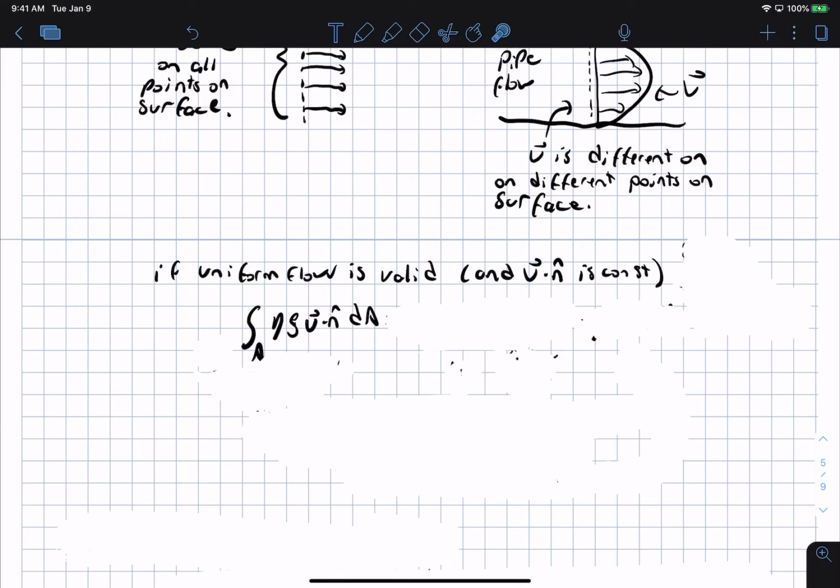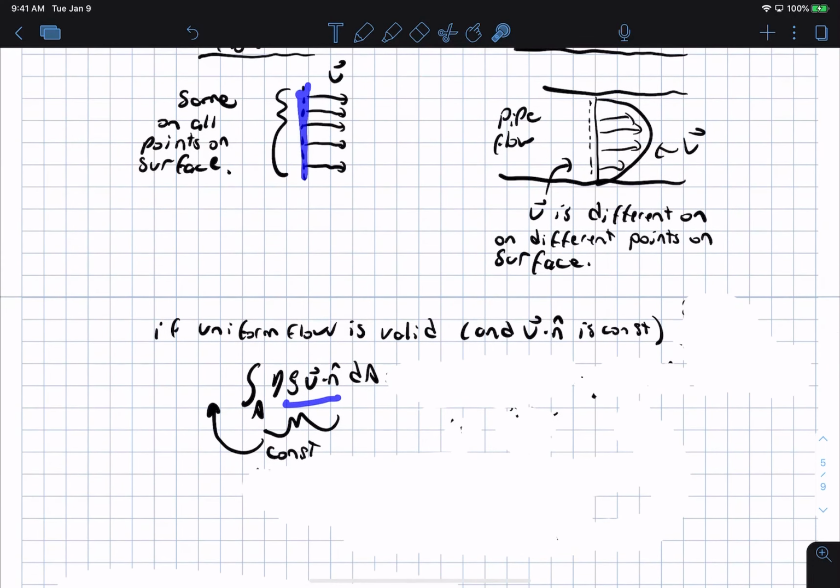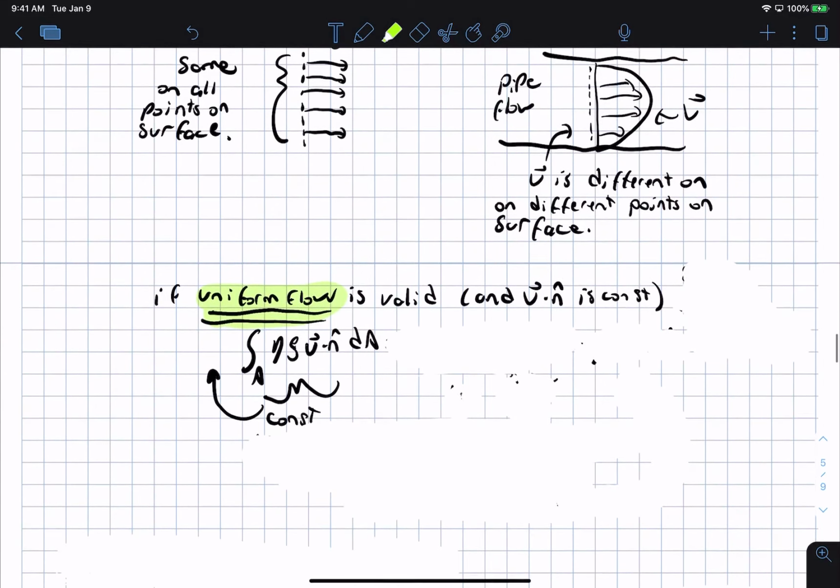Since these are not a function of space on the surface, again, we are assuming uniform flow, and I'm going to double underline and highlight that so that you don't use this as a generic formula. If these are constant, you can basically pull them out of the integral like I've drawn here. And then I can reduce that.